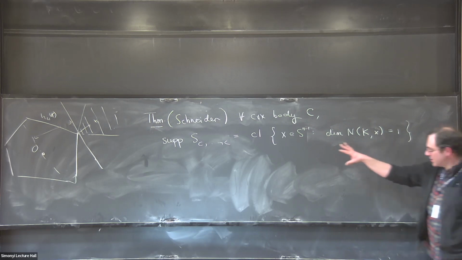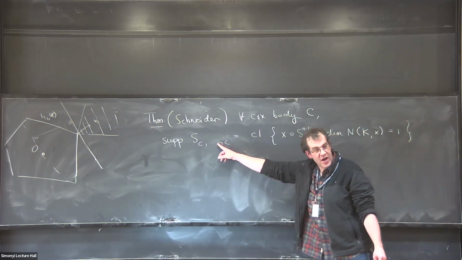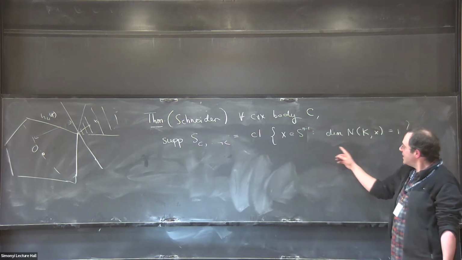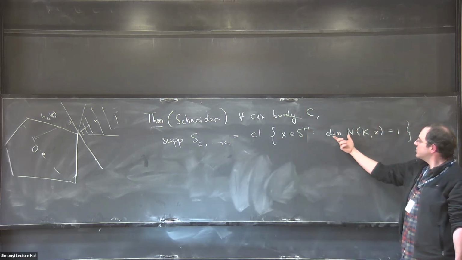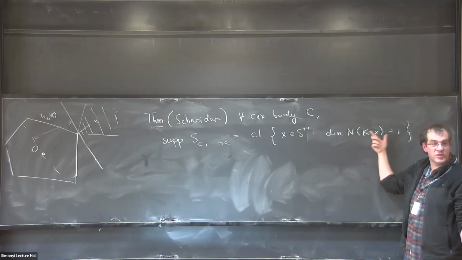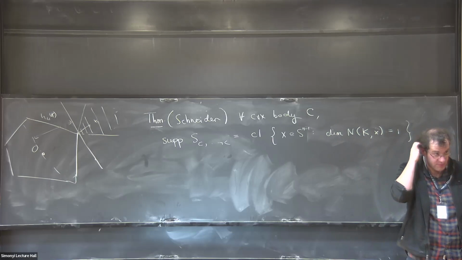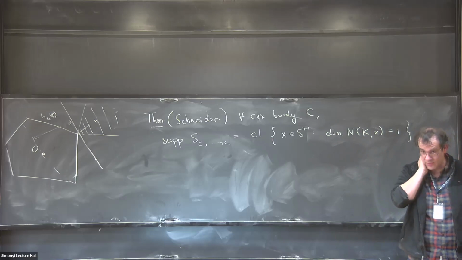If you take the complement, for a point not to be in the support, it needs to be in the interior of the set of all directions such that the dimension of the normal cone is at least 2. And that's exactly the statement that we expect by looking at this classical picture.